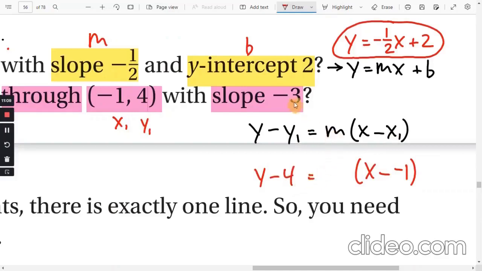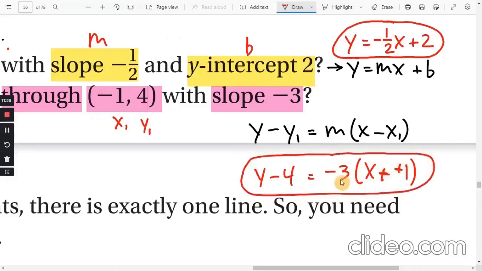And in place of m, I'm going to plug in -3. The 2 negatives in a row make it positive, so really, that's just x plus 1. But that is your final answer: y minus 4 equals -3 times x plus 1.